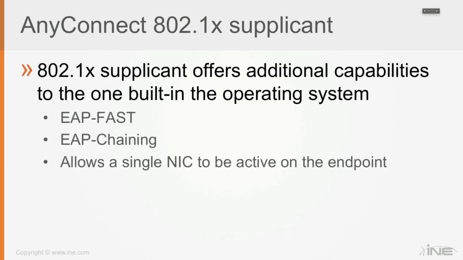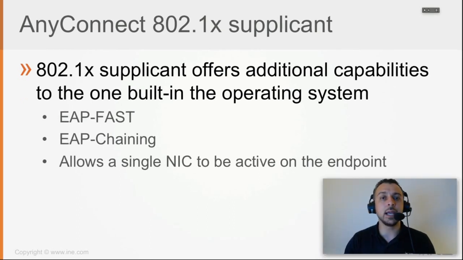So the .1X supplicant is nothing else but, instead of using the built-in operating system supplicant, you may choose to install AnyConnect as a supplicant. In that case, the .1X authentication process on the system is going to be controlled by AnyConnect, not by the built-in Windows or Mac supplicant.